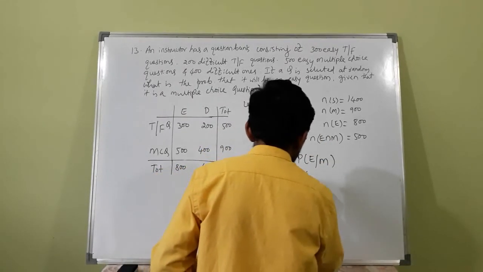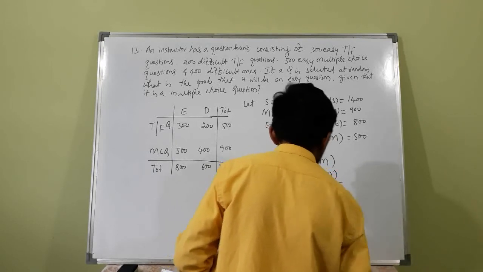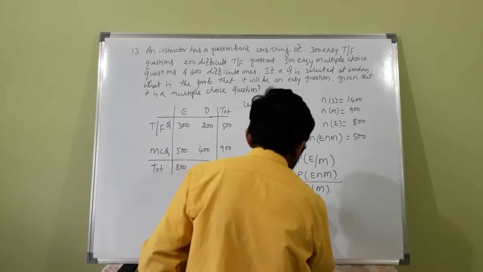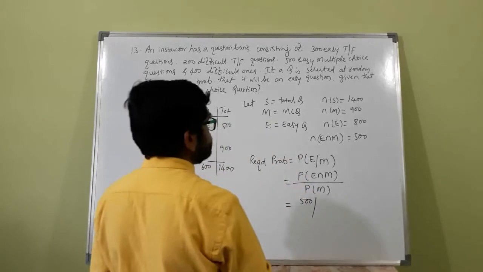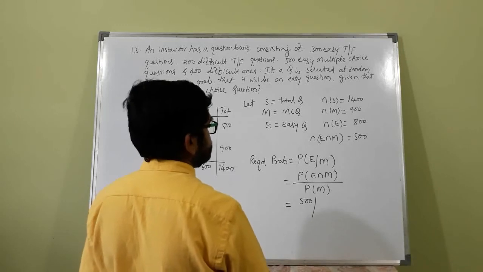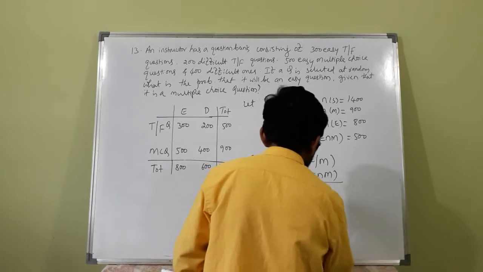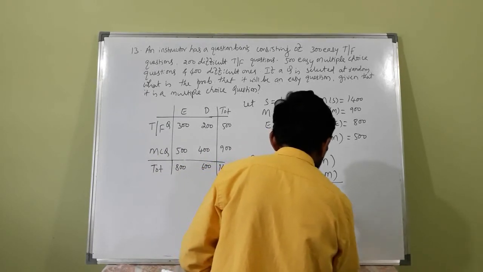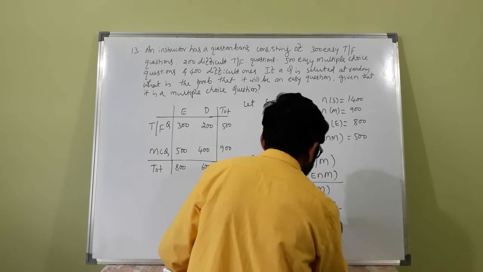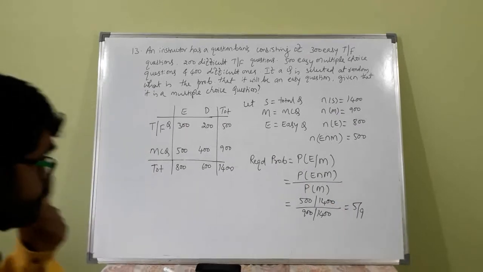This is probability of E intersection M divided by probability of M, that is E intersection M is 500 divided by 1400, divided by 900 divided by 1400. Both mean the same. That is 5 by 9 is the required probability.